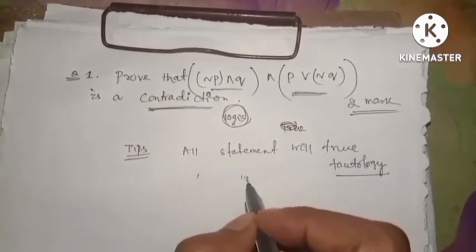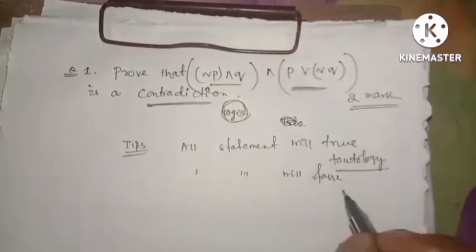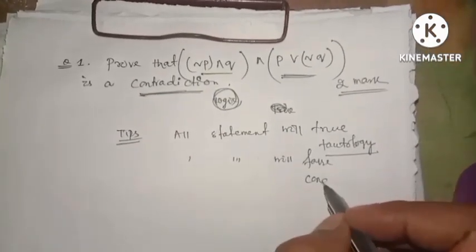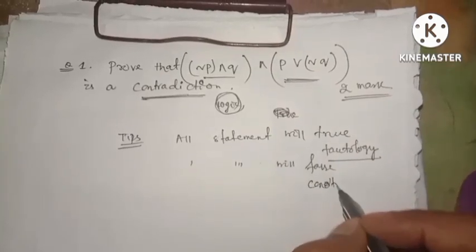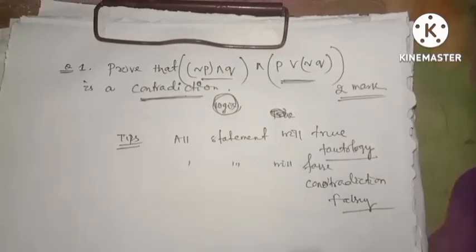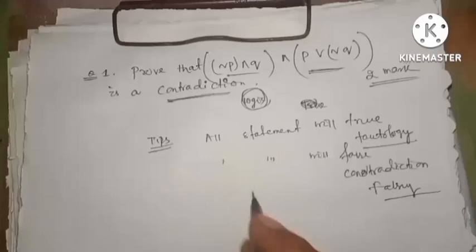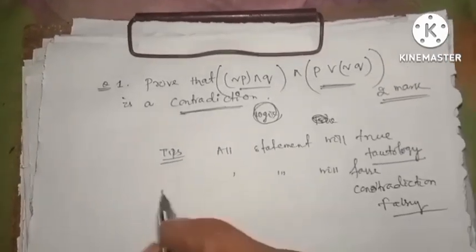When all the statements are false, then it is a contradiction, or a fallacy. So I will remember this.